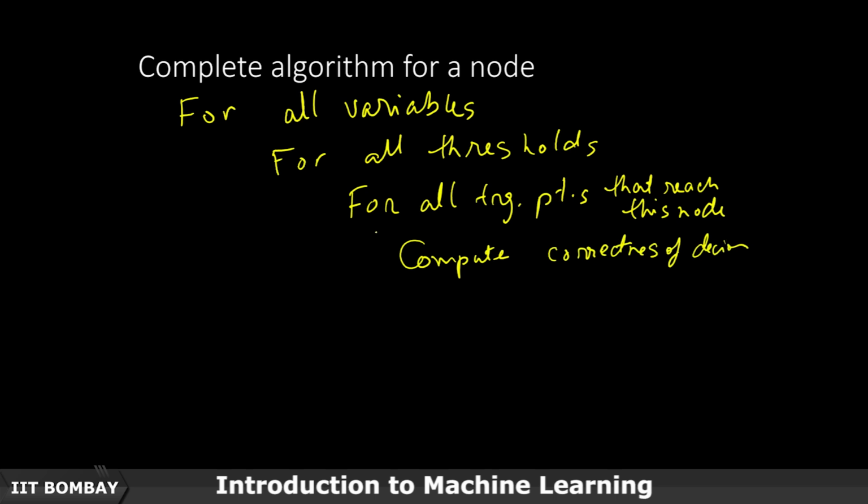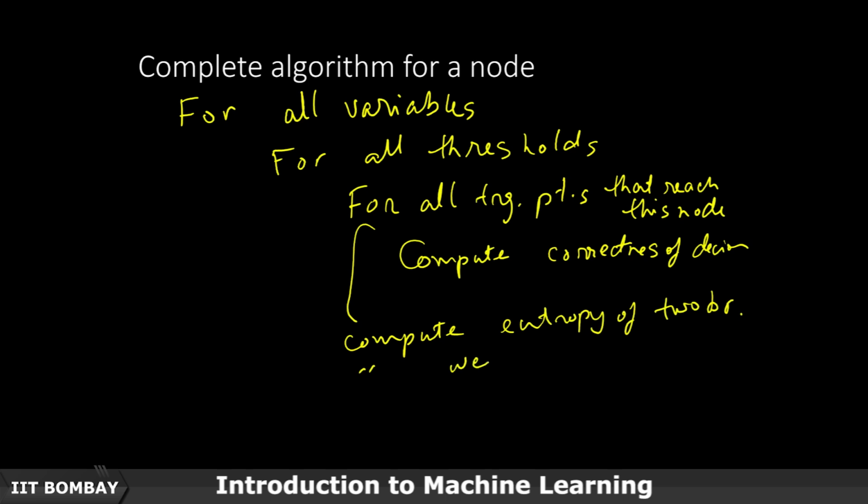And then once we have done that, for all thresholds we will compute the entropy of the two branches, then compute the weighted entropy of the split.